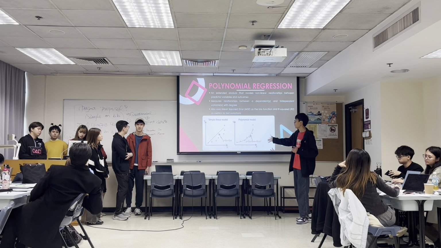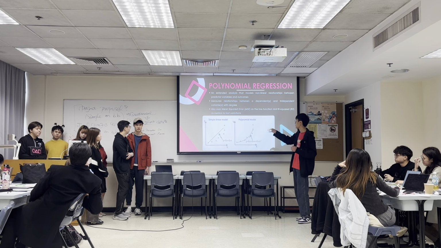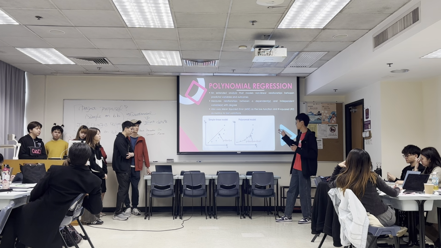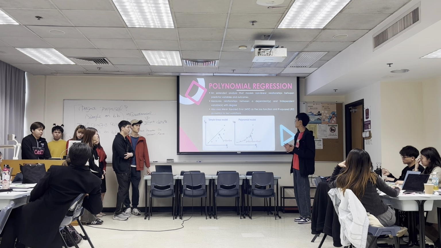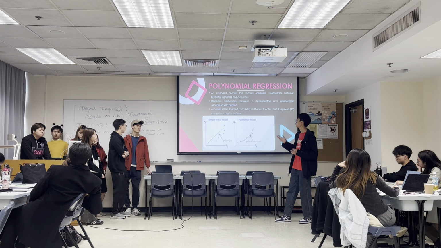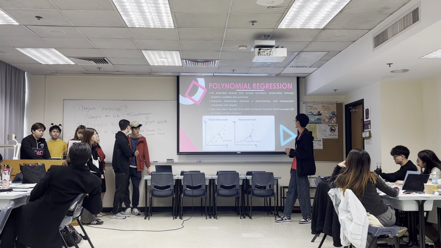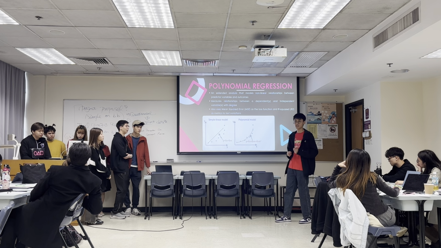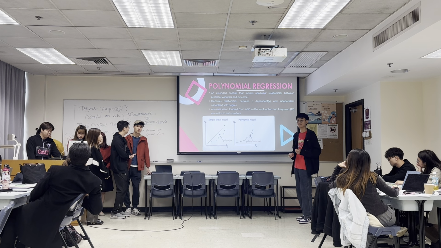You can see in the figure that the polynomial model is a curved line. But they share a common way: they all use mean squared error as the loss function and R squared as the metric to test the variations.